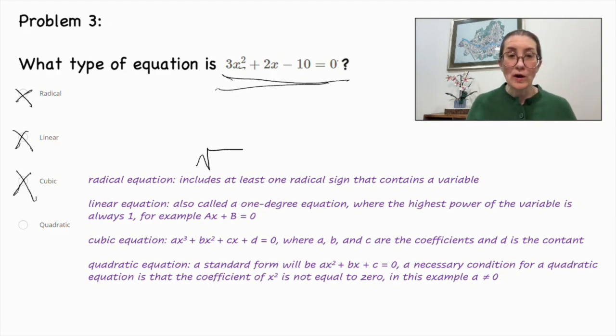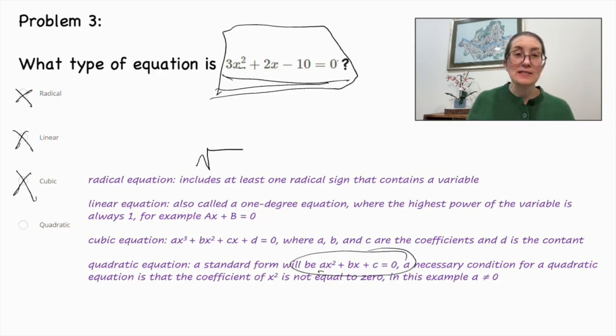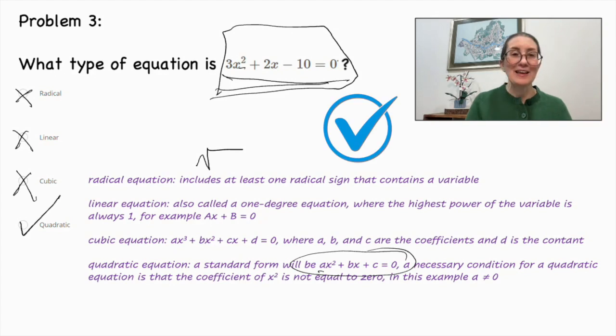A quadratic equation's standard form is ax squared plus bx plus c equals 0. A necessary condition for a quadratic equation is that the coefficient of x squared is not equal to 0. In this example, a is not equal to 0. And this is very much the form of our equation here, and it is definitely a quadratic equation.